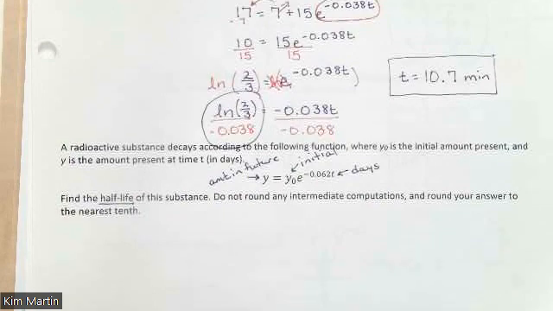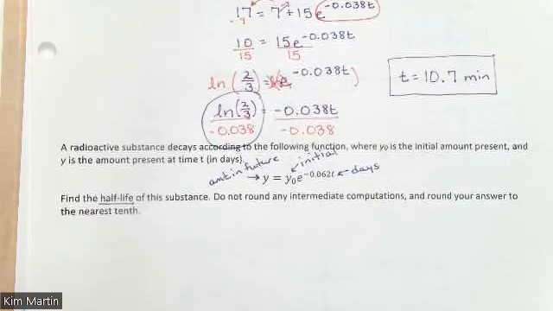Okay, find the half-life of the substance. Do not round any intermediate computations and round your answer to the nearest tenth. Okay, you do not understand science. I know about half-lives because I've had to teach this in my 1710 class for years. And I know isotopes, whatever the heck that is, has half-lives, okay?